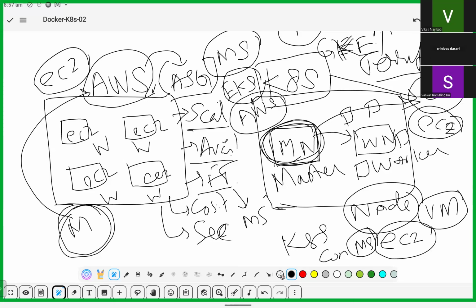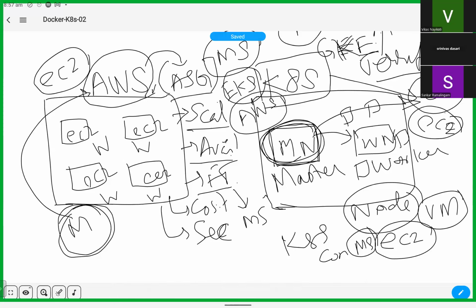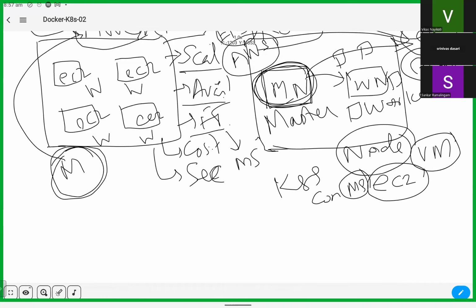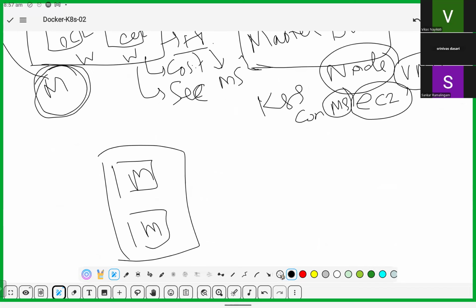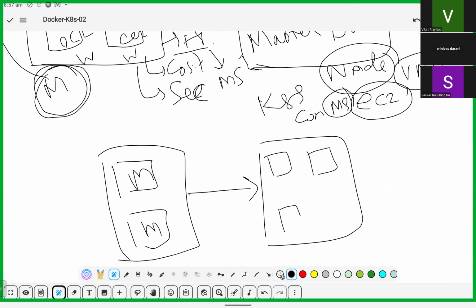In case you are setting up your Kubernetes yourself, you need to think about your master node, how the master nodes are connected and act like a single master, and which manages the worker nodes.